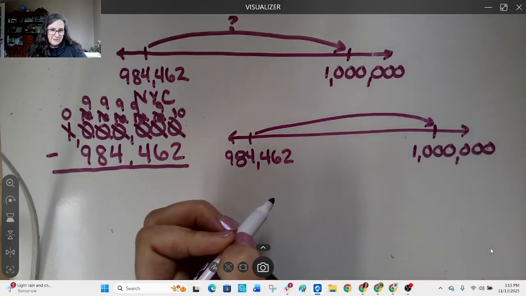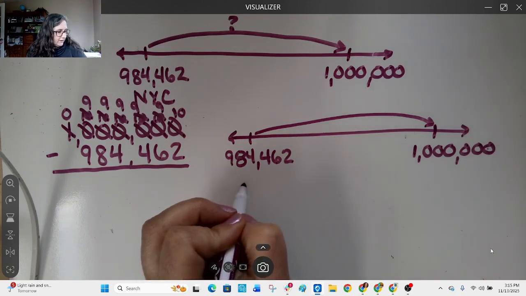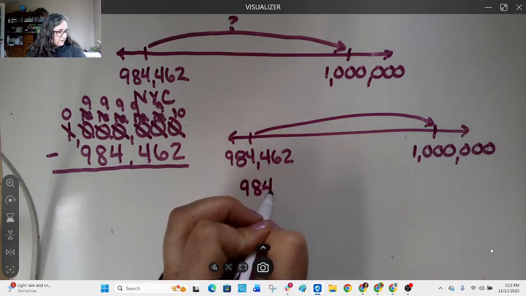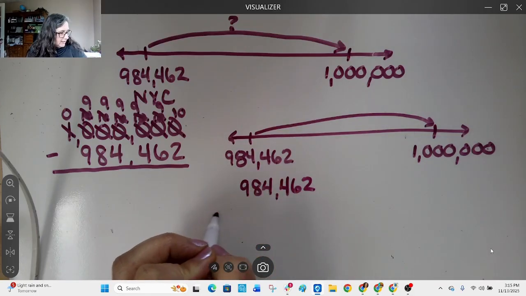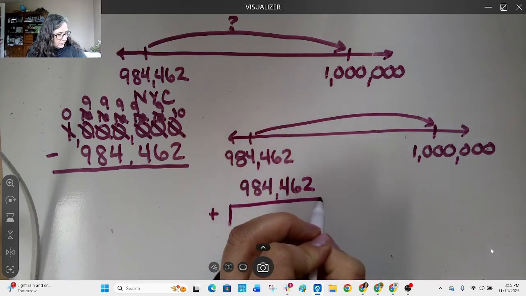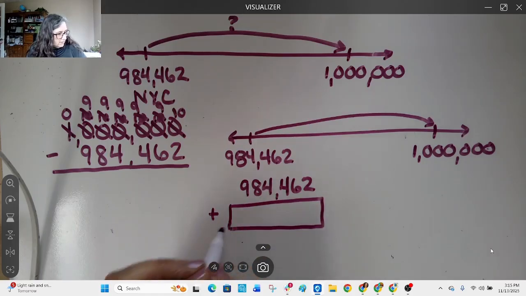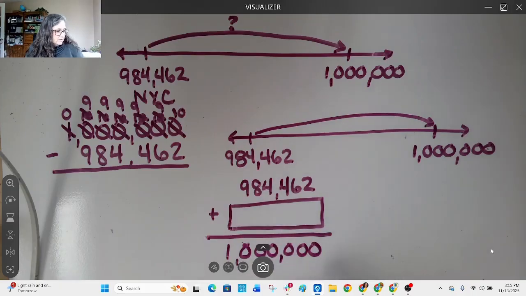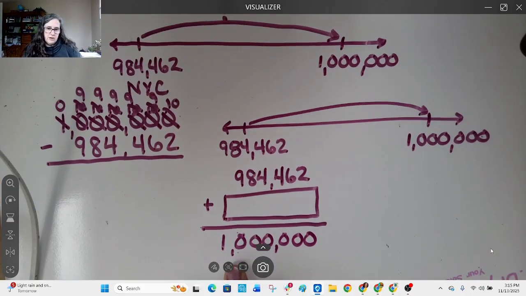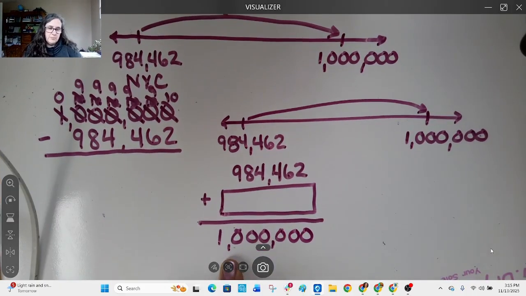So when we write this down, we're thinking 984,462 plus what number gets me to 1 million. So doing all the regrouping to make all those tens is a pretty complicated missing addend problem.